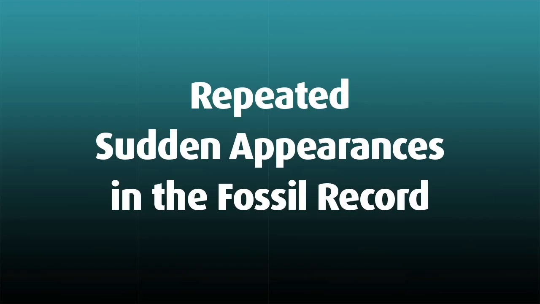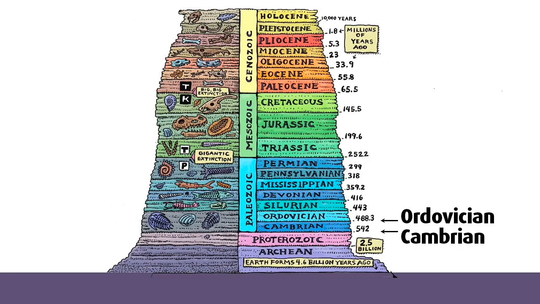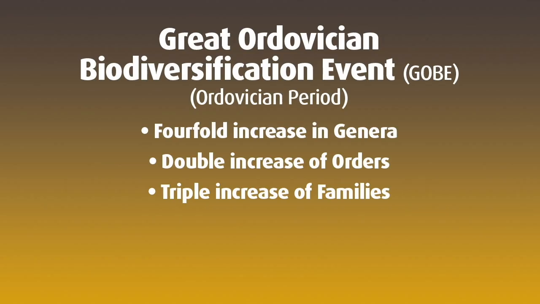It's not just the Cambrian explosion, but there are repeated sudden appearances in the fossil record. The layer right above the Cambrian is called the Ordovician. And in the Ordovician, there's another, what they call biodiversification event, and it even has a little acronym for short, known as GOBI.